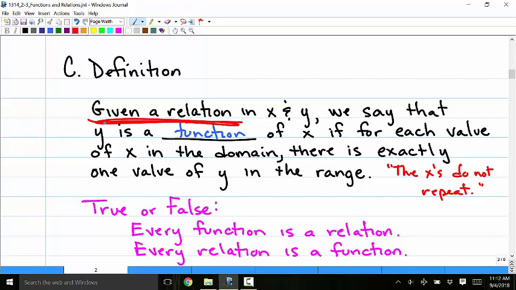Given a relation. To be a function, it has to be a relation. So every function is a relation. But not every relation is a function. So the second one's false.